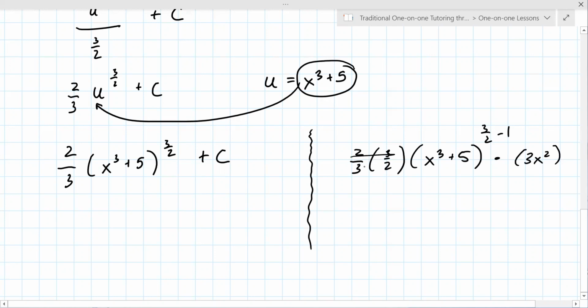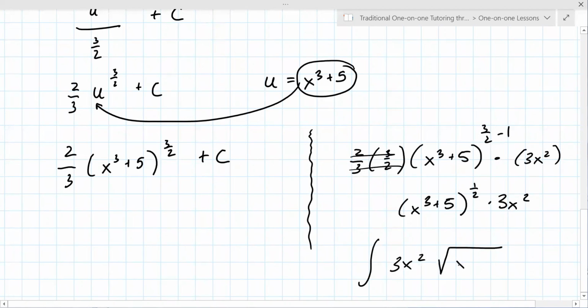So do you see how these coefficients cancel? This becomes (x cubed plus 5) to the 1/2 power times 3x squared. And if I go back to the original problem, it was the integral of 3x squared square root of x cubed plus 5 dx. See how that's there? The 1/2 is the root. It's the same thing.